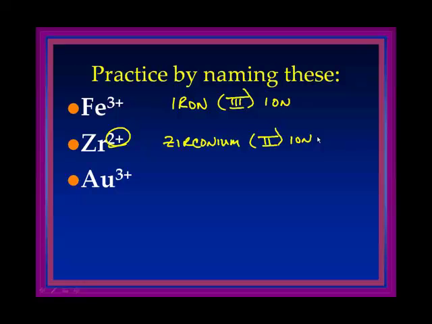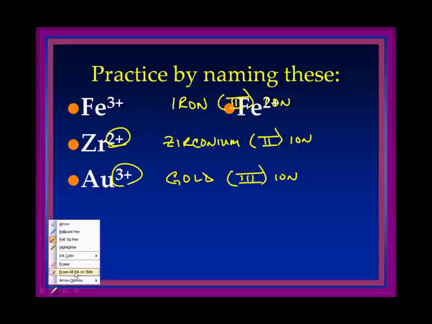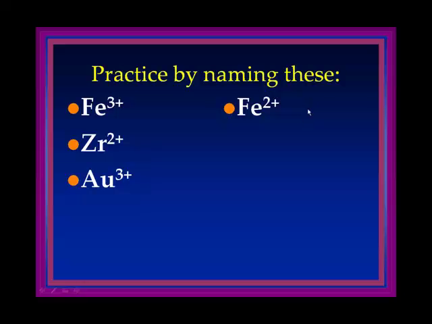Okay, you do the next one. Au is the symbol for gold. It has a 3+ right there, so gold Roman numeral 3, ion. Okay, try the next one. Fe2+, iron 2, ion.